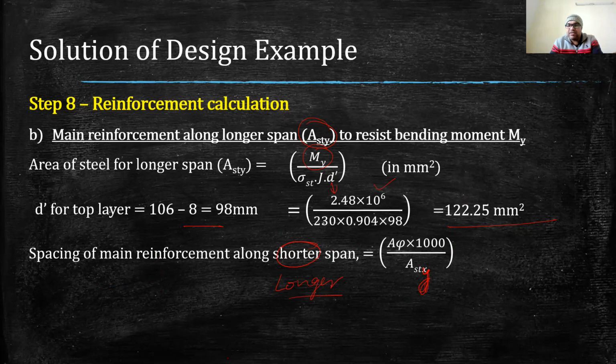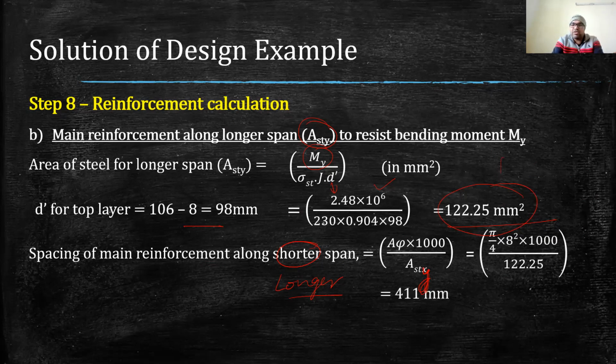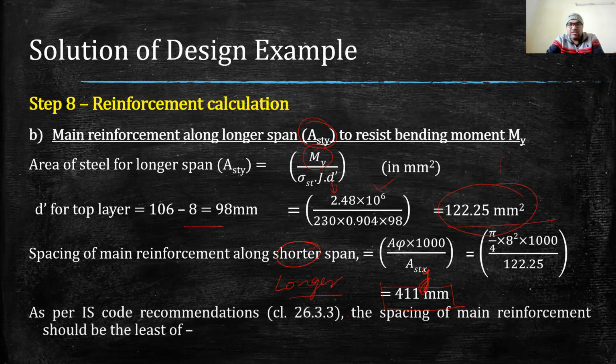So putting the ASTY here, we get the value of spacing for ASTY as 411. So this is the value of spacing for this reinforcement. Again, we have to check this spacing against the IS code recommendation, like we have done for the main reinforcement for the shorter span.